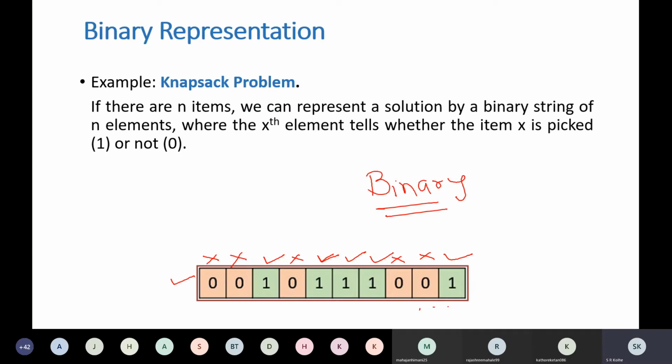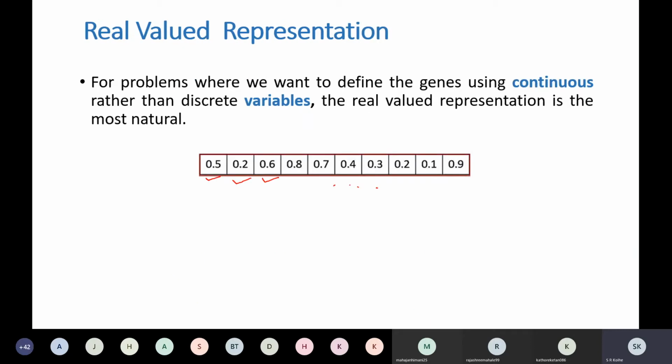Yes, sir. So when the audio went off, it was at real valued representation. Yes, sir.